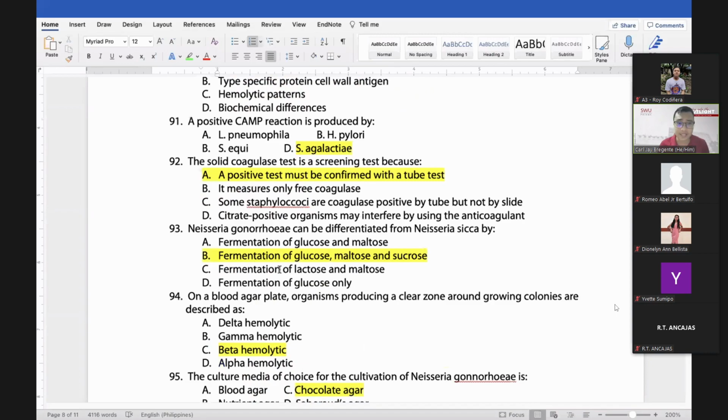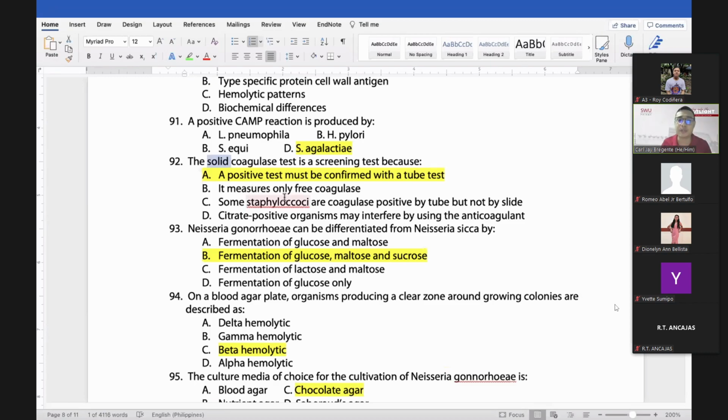92. A slide coagulase test is a screening test because it will be confirmed using tube coagulase testing. Okay? The question says solid coagulase, but this is supposed to be slide coagulase, so I will give this as a bonus. Your slide coagulase test is just a screening test because the positive test will be confirmed using the tube test.